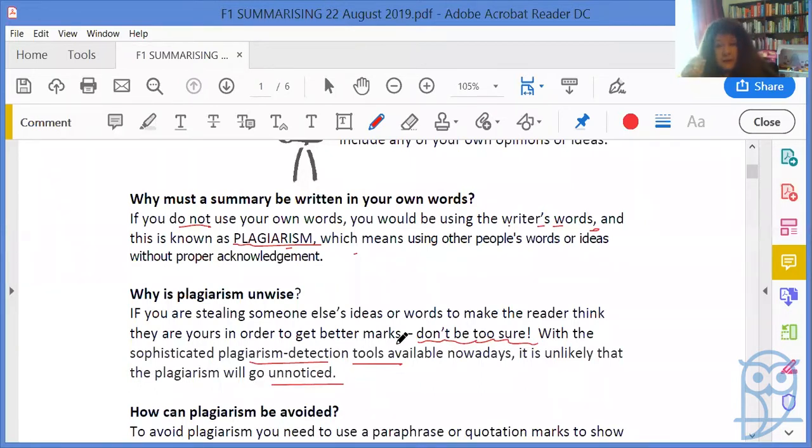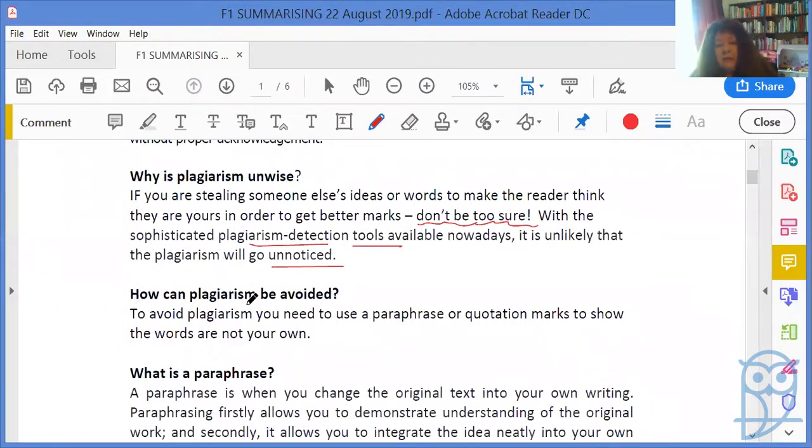In fact, there are some universities that insist students put their essays through a plagiarism program and provide proof that they didn't plagiarize before they can submit an essay. So luckily, we're not at that stage at the moment.